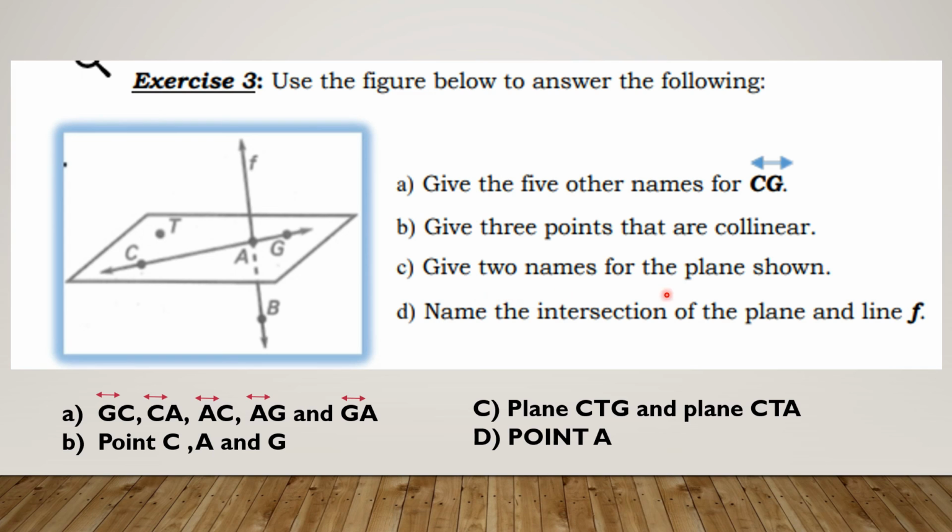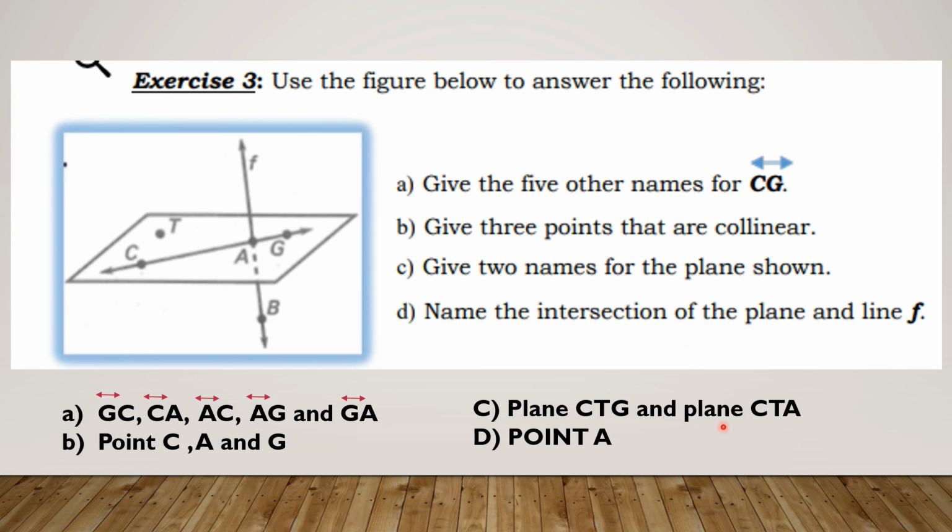Then letter C, give 2 names for the plane shown. This is our plane. What can we name here? We said a while ago, if there are 2 points in a line, and there is a point outside the line, we can make a plane. You can see here we have points C and A in one line, and there is a point outside of the line, so it forms a plane. So plane CTG.